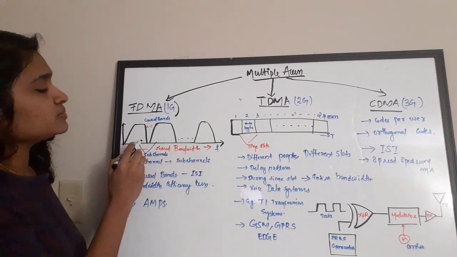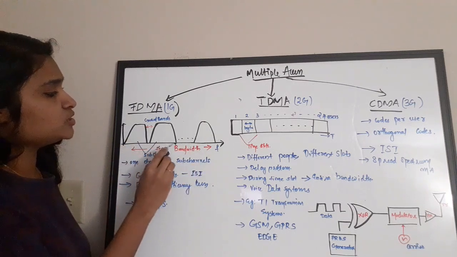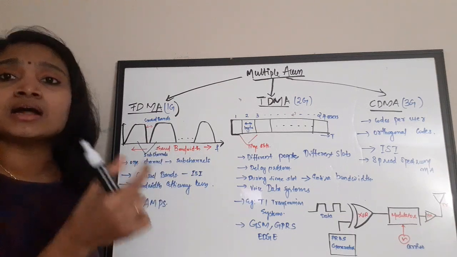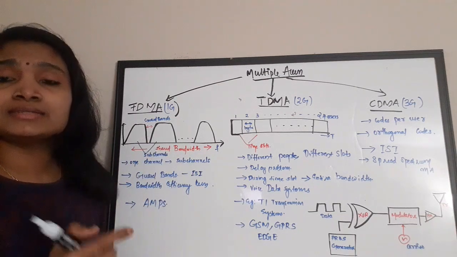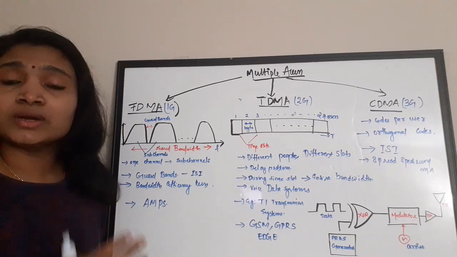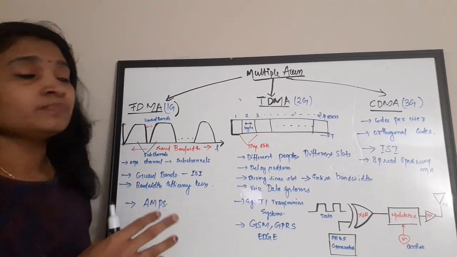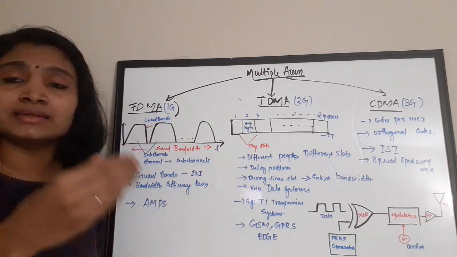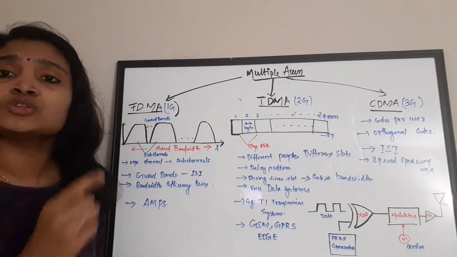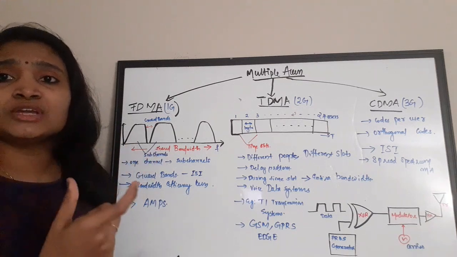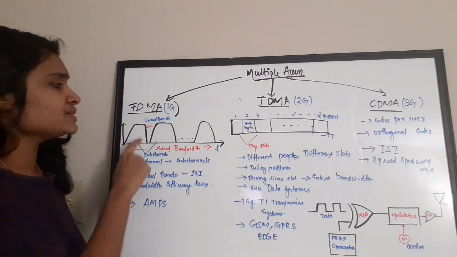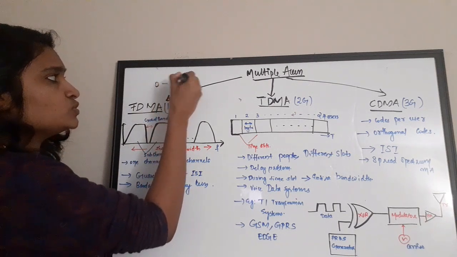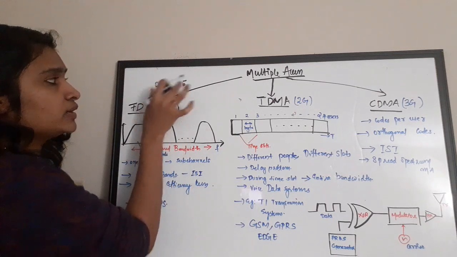In frequency division multiple access, there is a small gap between these sub channels, and these are called guard bands. Guard bands are used to avoid inter-symbol interference between the sub channels, providing a separation between them. Say, roughly, 0 to 25 hertz is allocated to a user.